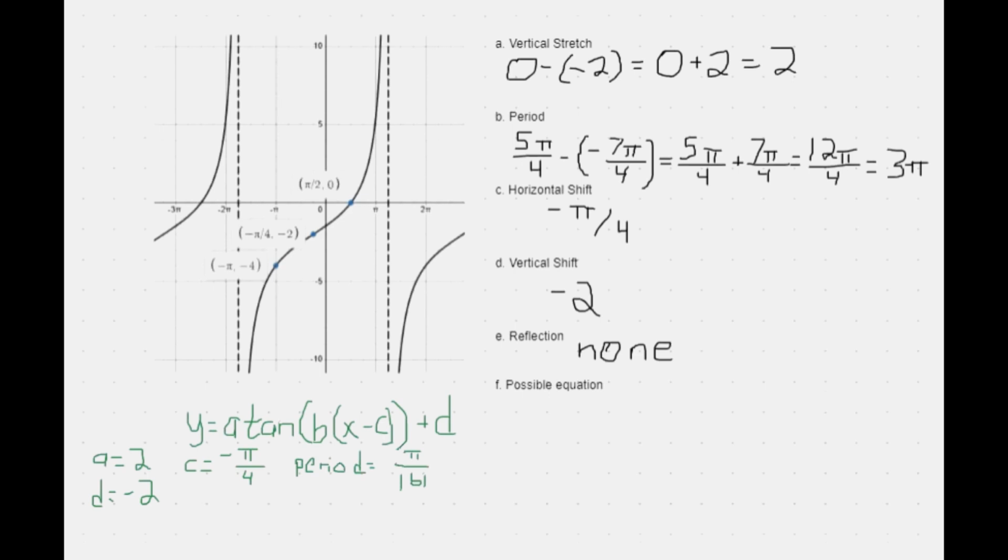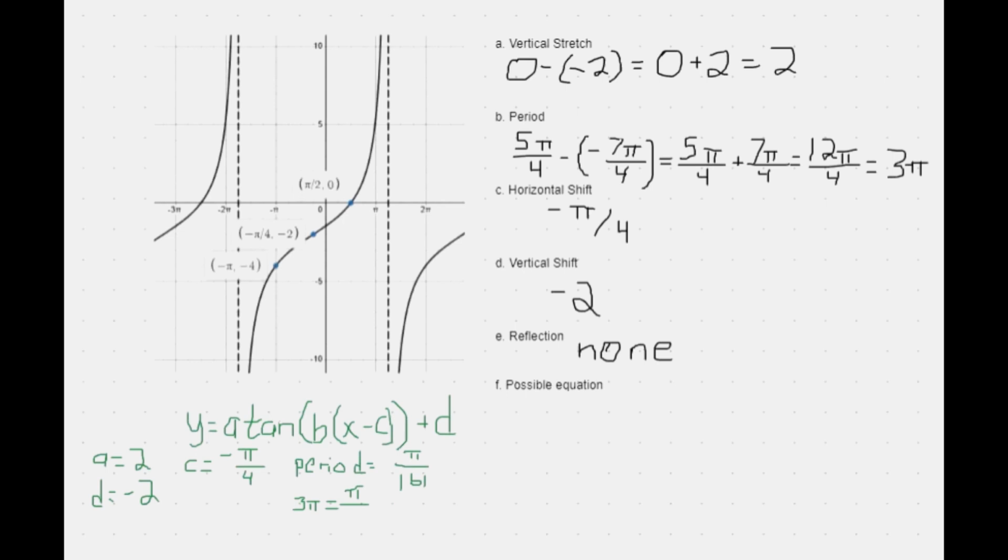So we have 3 pi is equal to pi over b. We're actually expecting b to be positive here, because b can represent a reflection about the y-axis, but it doesn't look like there's any reflection about the y-axis.